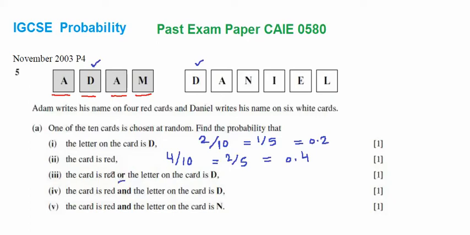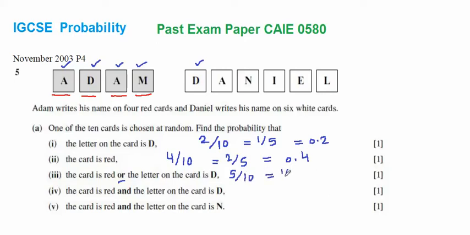Either the card will be red, so one of these 4 cards, or the letter on the card is D. So these cards are D. Overall we have 5 cards which are satisfying either this condition or that condition. So it will be 5 out of the total 10 cards.